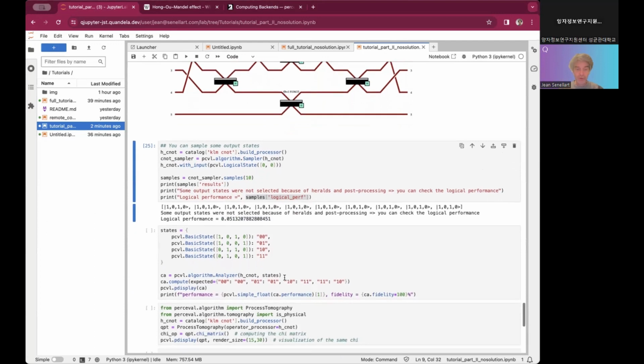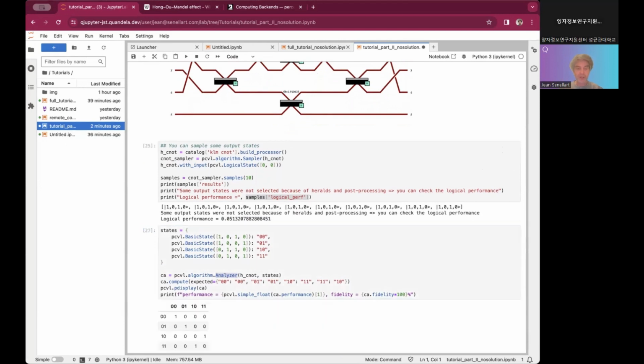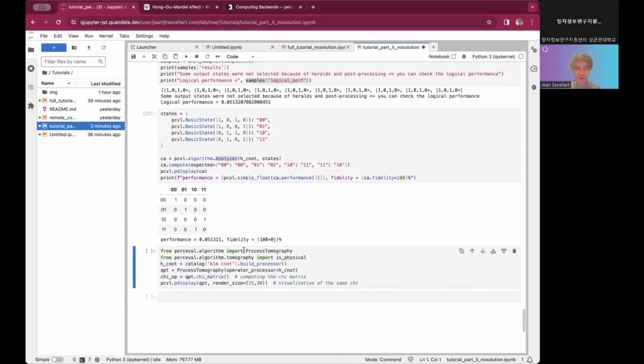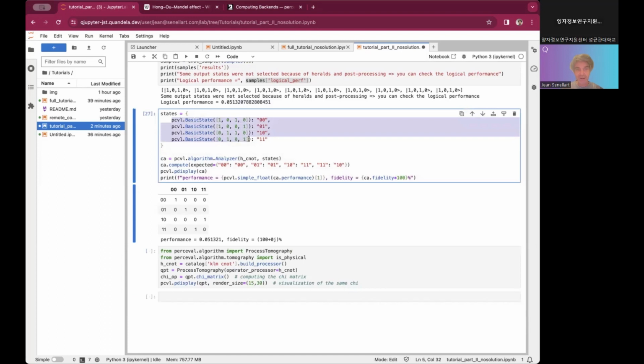So moving on, I will be using the analyzer that we defined before. I want to make the truth table of this component. So how do I read that? I'm sending 4 possible inputs. I'm looking for 4 possible output states, and I'm labeling them by 00 to 01, just for readability here.